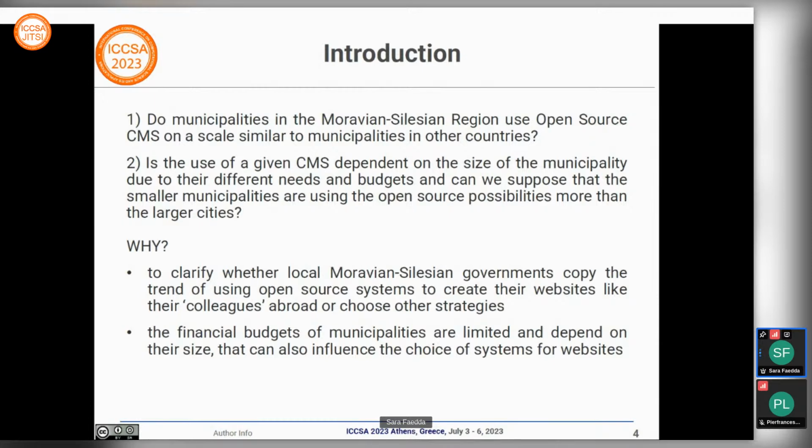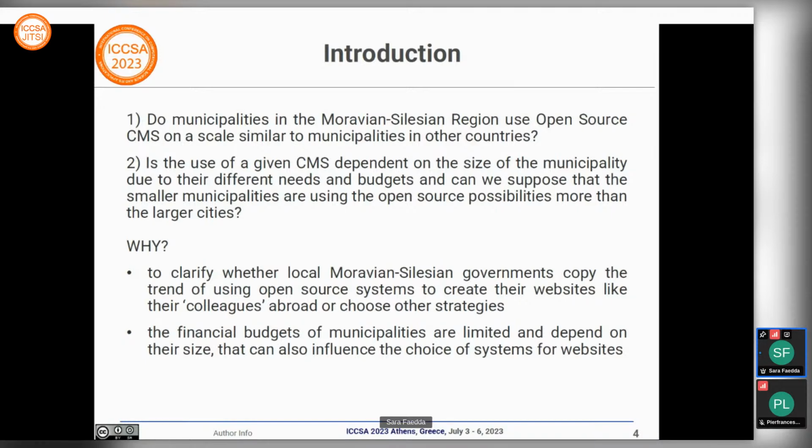Why did we do this research? It was not only because we have a project about these things. It was because of two things: to clarify if the municipalities in our region are using the common open source management systems, and if the financial conditions, because as Katarina said, the financial side is a very harsh limitation for the municipalities, make the size of municipalities dependent on this CMS.